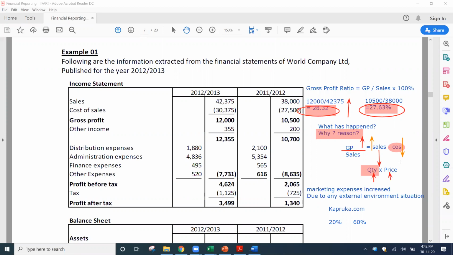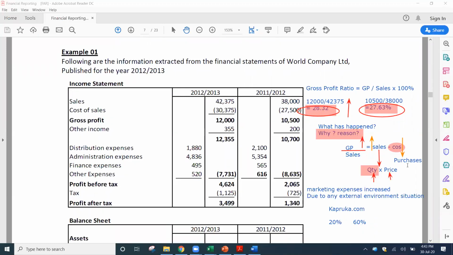Then you need to analyze why the cost of sales has decreased. The main amount in the cost of sales is purchases, right? So you analyze the purchase cost. Why does the purchase cost decrease? Maybe you have got a discount. Maybe the inflation has reduced. Then also it may be due to any other environmental factor.